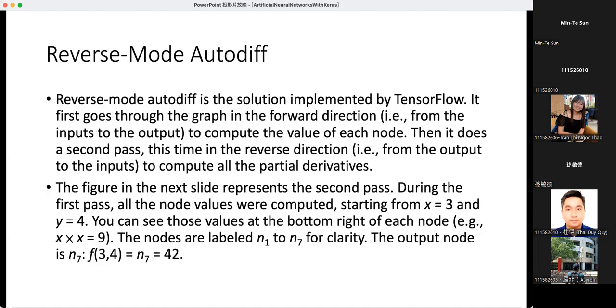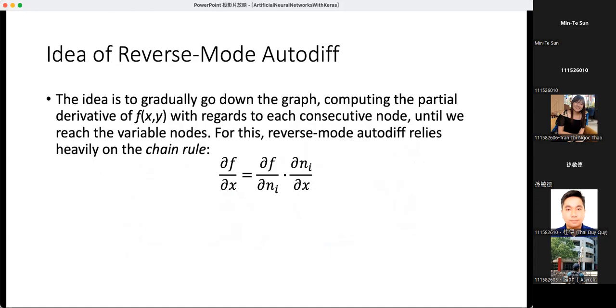Before I talk about reverse mode autodiff, I want to make sure you know this formula, right? Partial F partial X equals partial F partial Ni times partial Ni partial X. This is called the chain rule. I hope you still remember this chain rule from your college calculus.